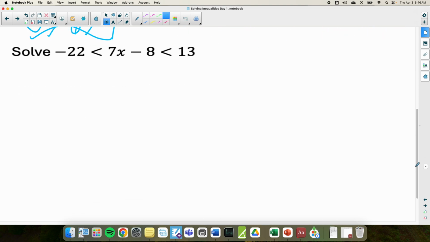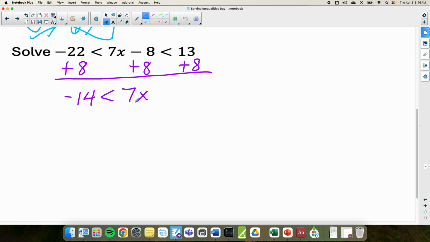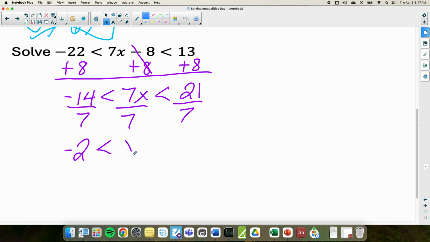Now let's look at this one, and they want us to show our work, so I'm going to add 8. Okay, now -22 plus 8 is -14, which is less than 7x, these cancel, which is less than 21. I'm going to divide by 7, and -14 divided by 7 is -2, which is less than x, which is less than 3, okay?